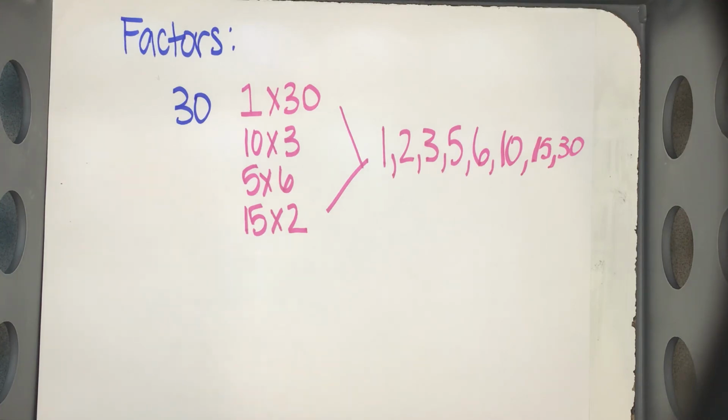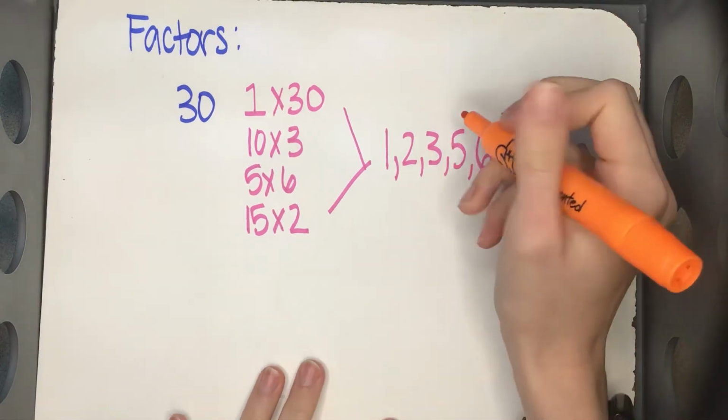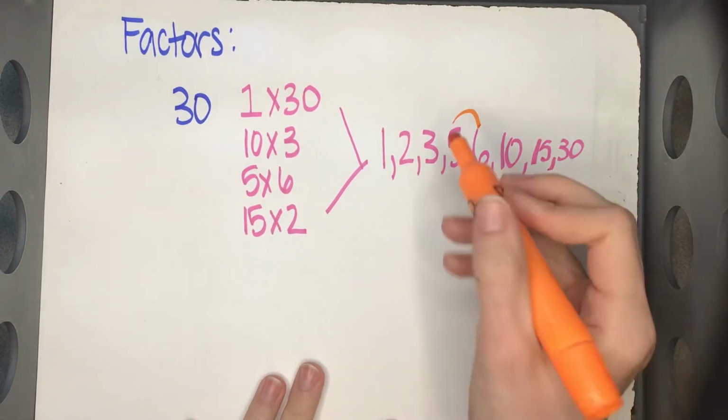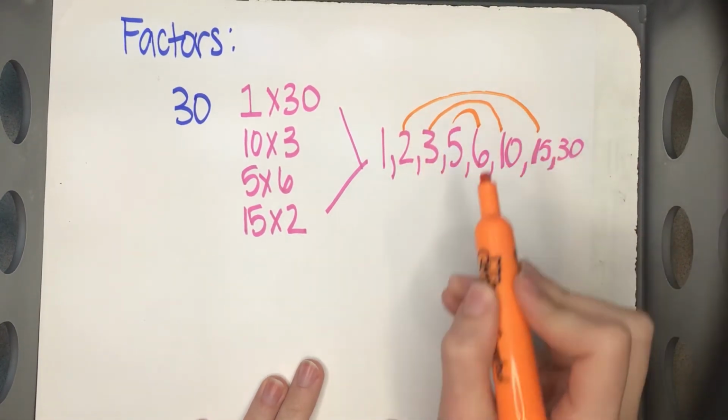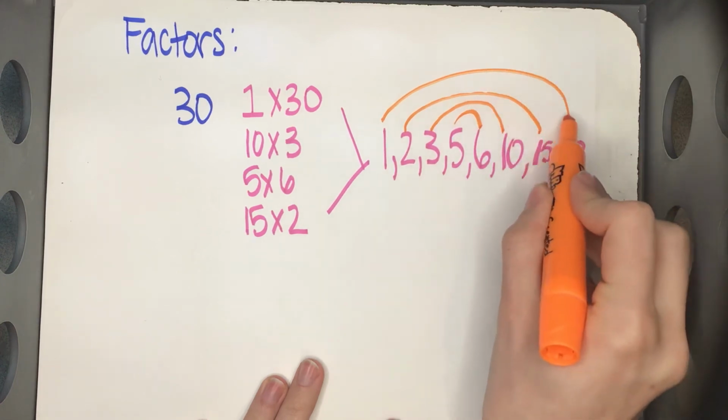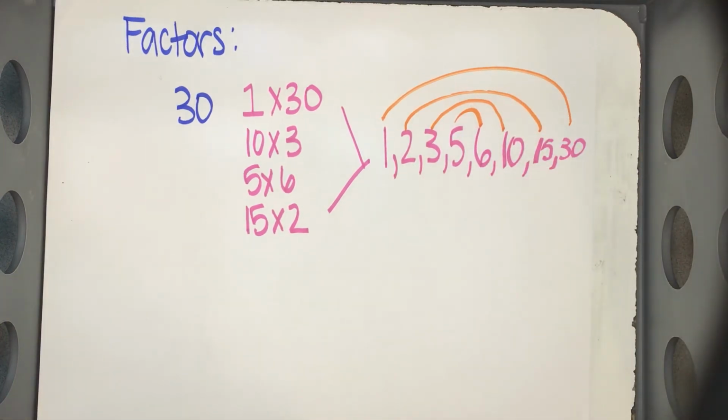Watch this. This is pretty cool. I actually made a factor rainbow. I can do 5 times 6, 3 times 10, 2 times 15, 1 times 30.